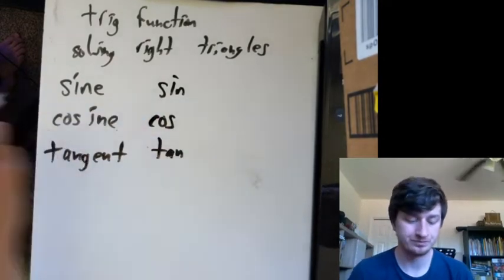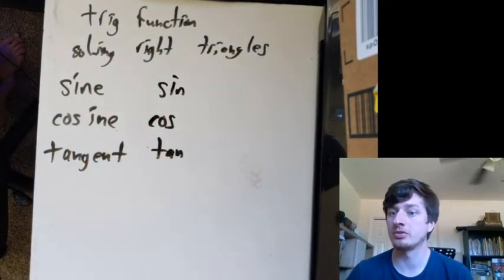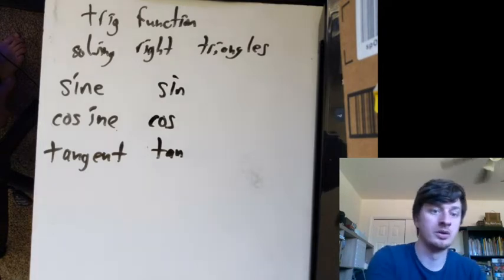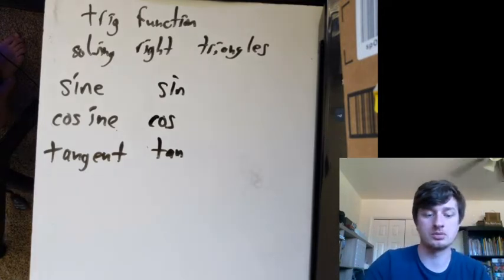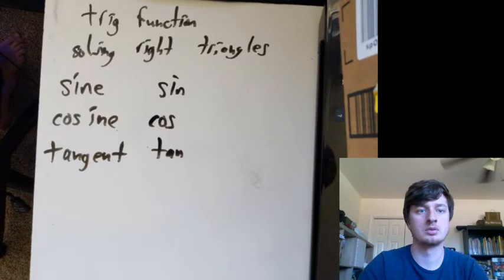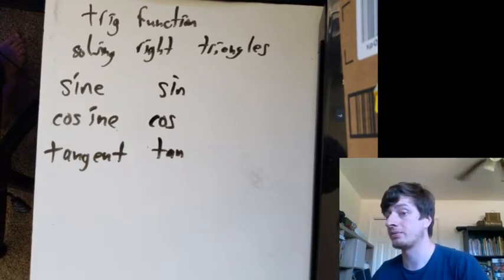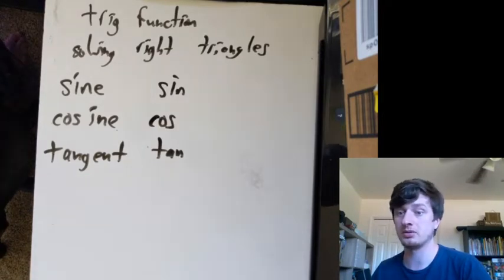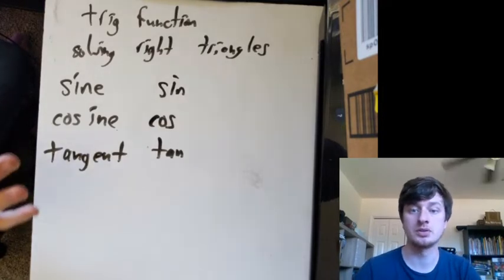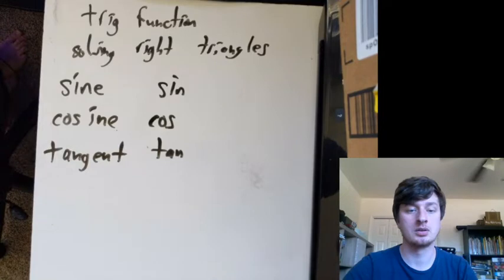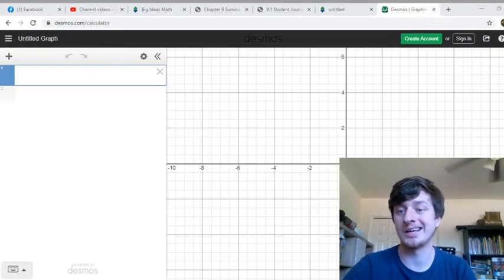And we put numbers in those things, and they spit out another number. So I'm going to switch to this. Okay. And before we talk about how those work with the right triangle, I just want you to see the functions in Desmos. So we would have done this in class.